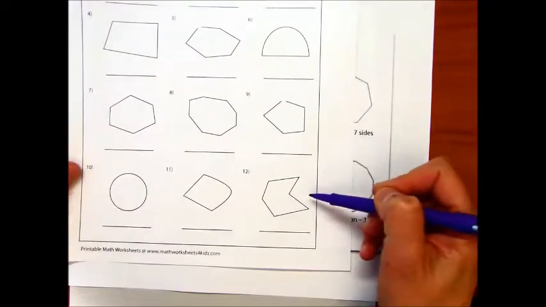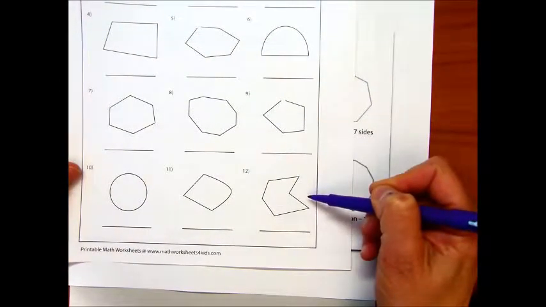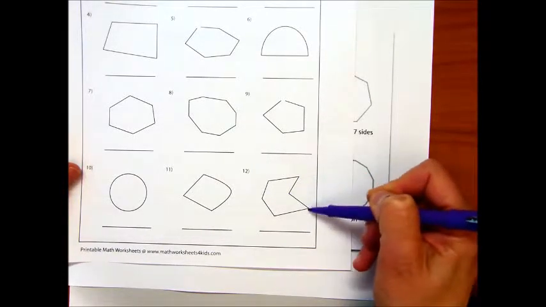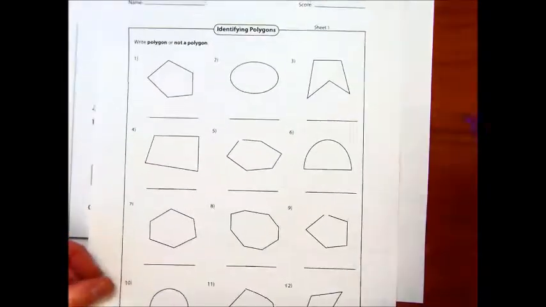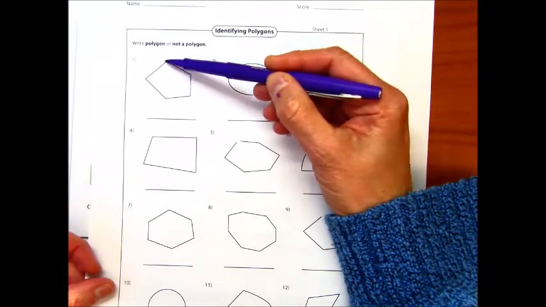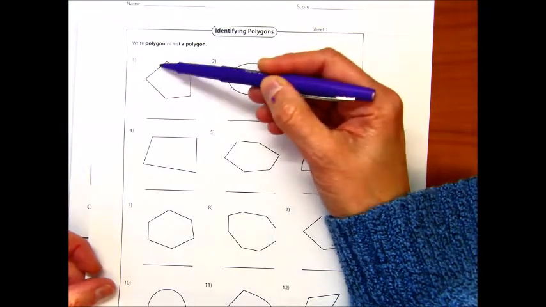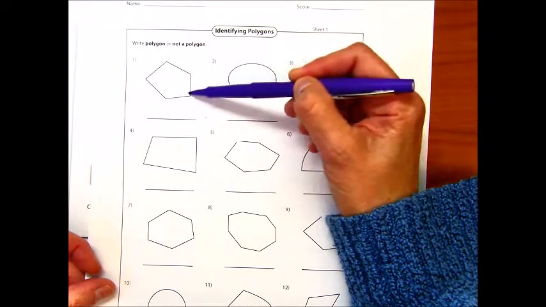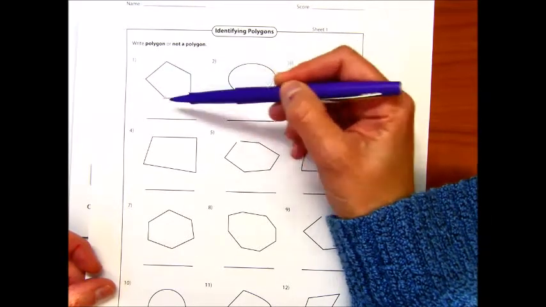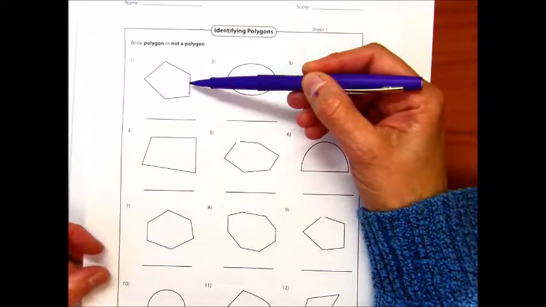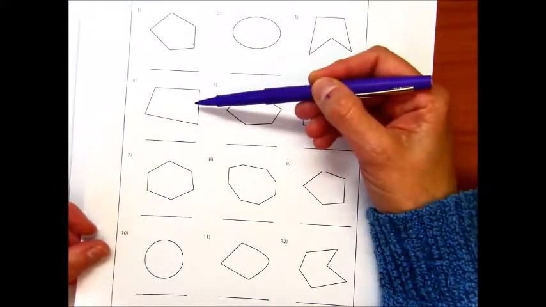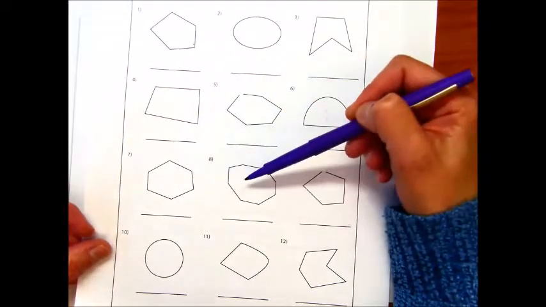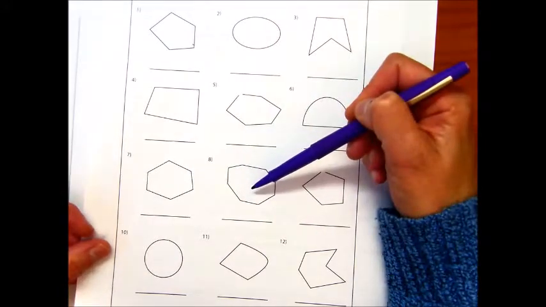Number 12 is also considered concave. Again, it goes in. If you have polygons that don't go inward, they're called convex. They go out. All of these lines are moving outward. This is a convex polygon. Here's a convex polygon. These two are convex polygons.